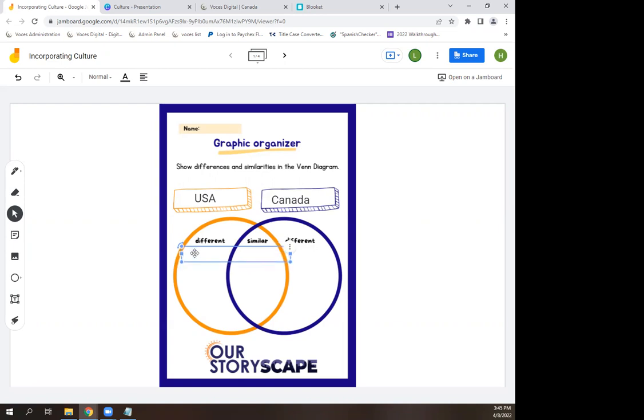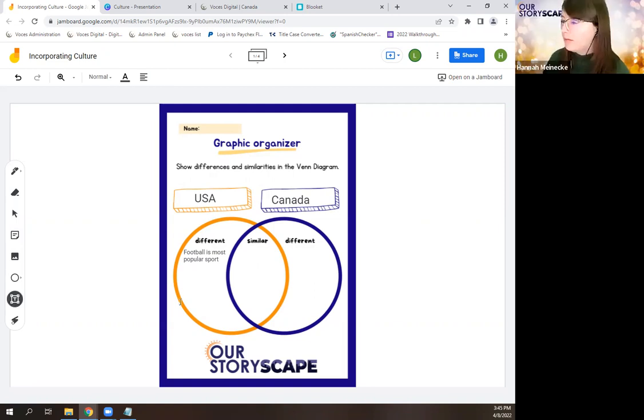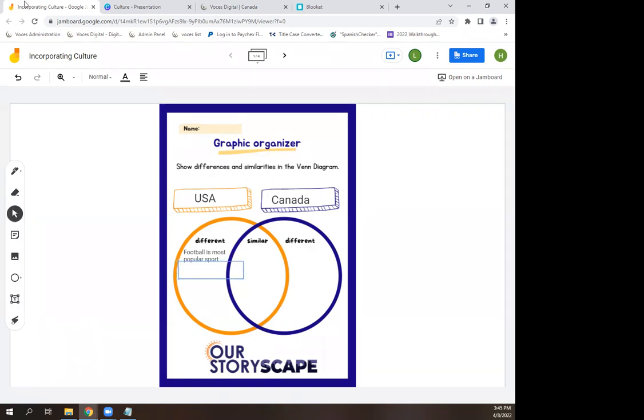I'm going to write Canada on mine and Argentina. So here we have soccer as our popular sport.